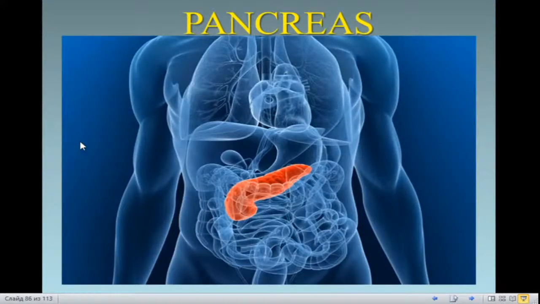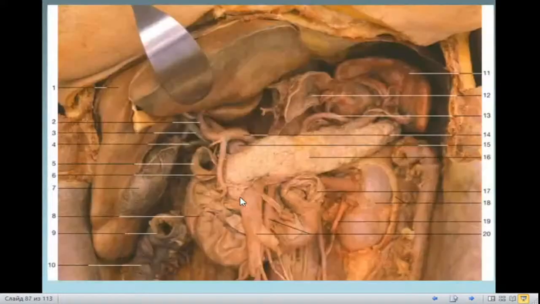The next large gland is the pancreas. The head of the pancreas is located in the loop of the duodenum. The body of the pancreas is located behind the stomach, and the tail of the pancreas is just getting in contact or touching the spleen.